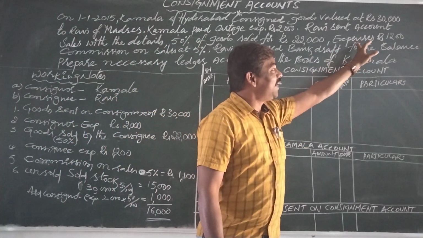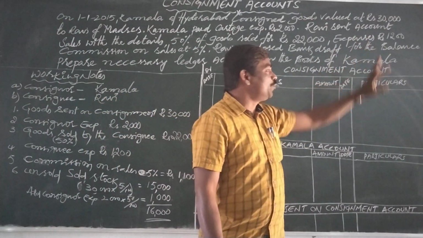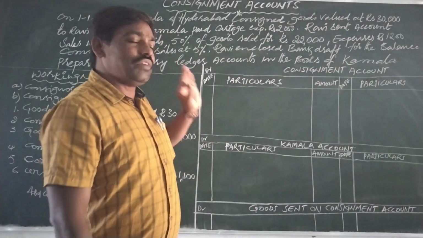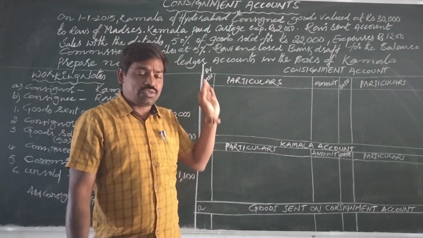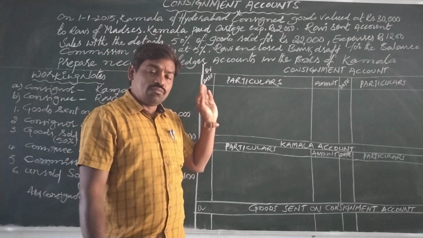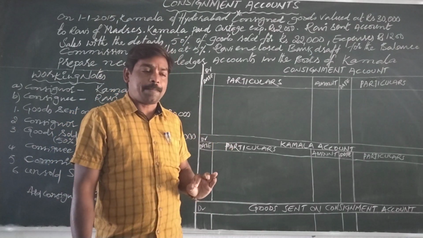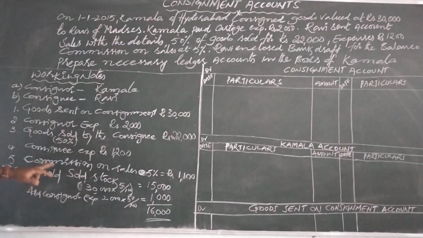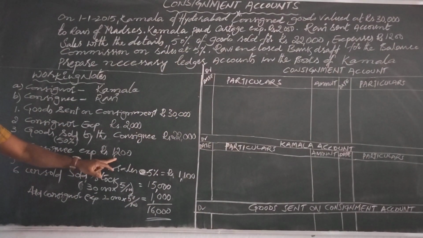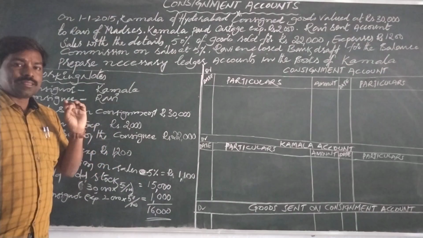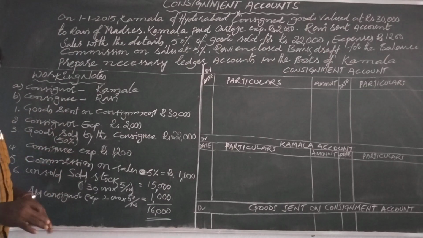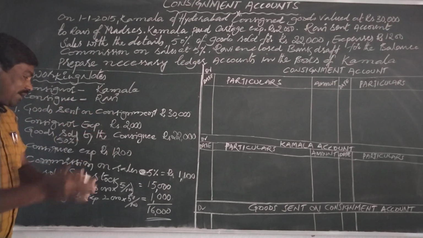So the general expenses of rupees 1,200 are recurring expenditure, which we won't consider at the time of valuation of unsold stock in the consignment.